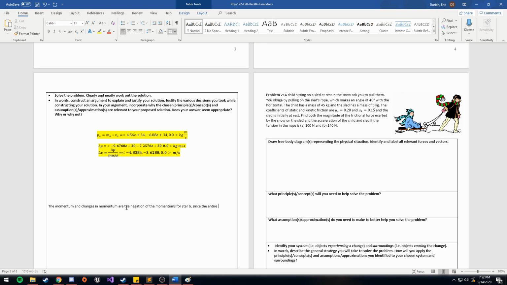And that is because the entire system has a net zero momentum.